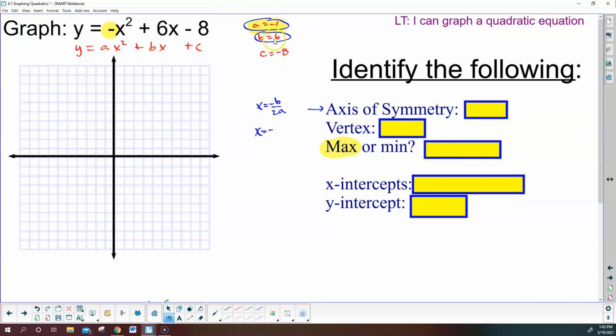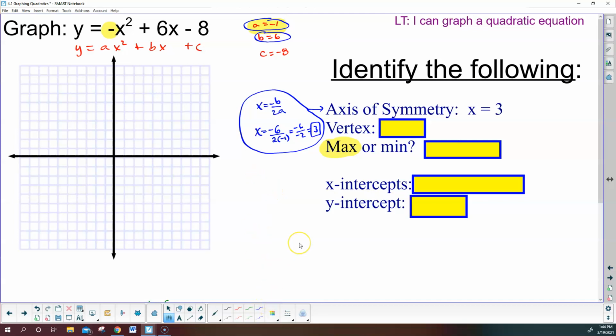So if I do opposite of b, all right, b is 6. So opposite of 6 is -6 over 2 times a. That gives me -6 over -2 or +3. So I know the axis of symmetry is +3.